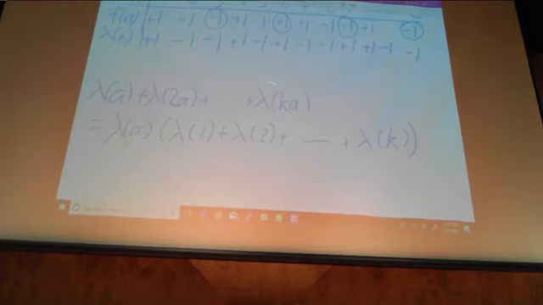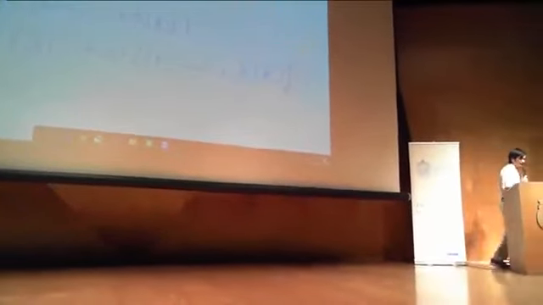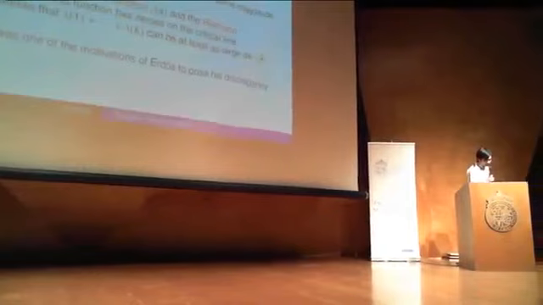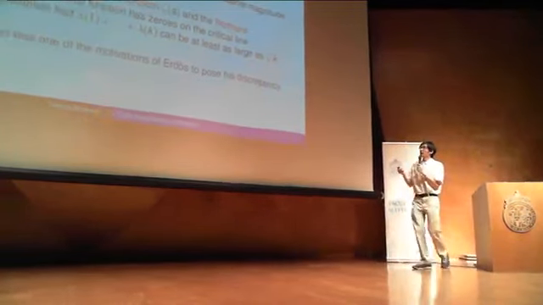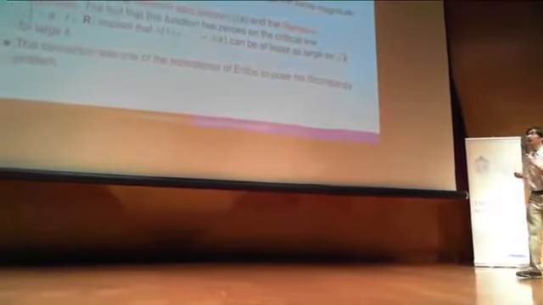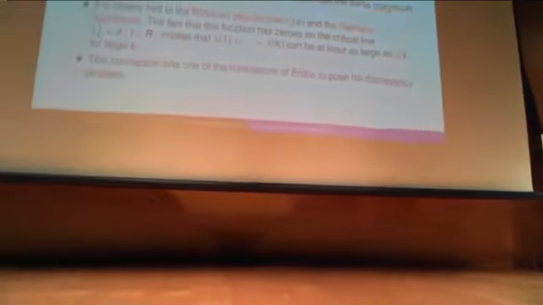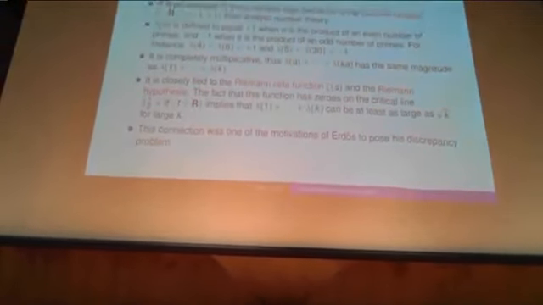So asking whether these discrepancies are bounded or not is the same as asking whether the partial sums are bounded or not. It's a simpler question. So if you want to know whether the Liouville function is a counterexample to the Erdős discrepancy problem or not, you need to know whether the partial sums of the Liouville function are bounded or unbounded.